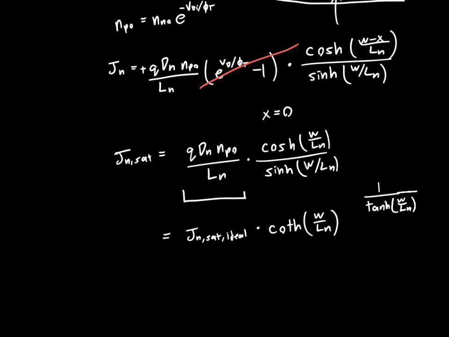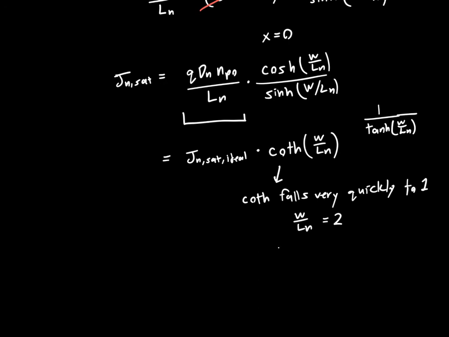Now, the interesting thing about coth is that it falls very quickly to 1. So if W over ln is, say, equal to 2, coth of 2 is equal to 1.03.